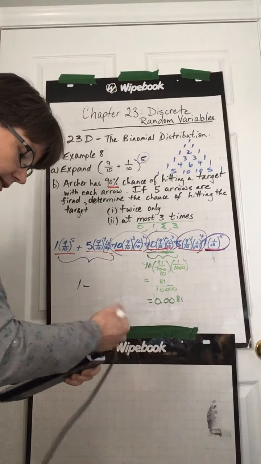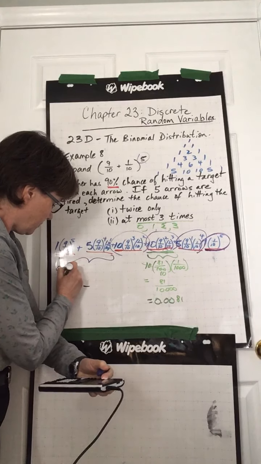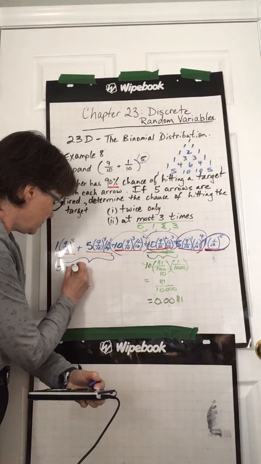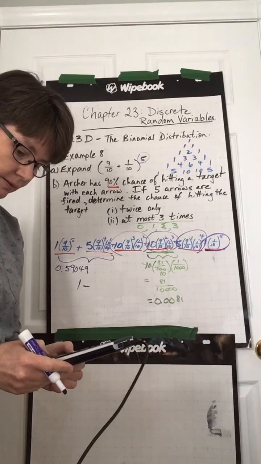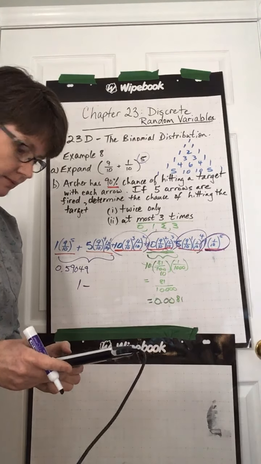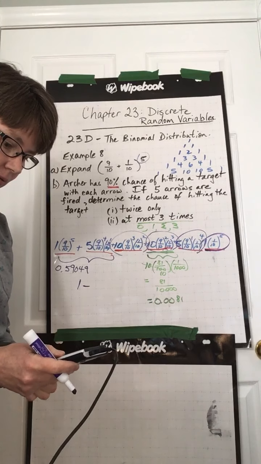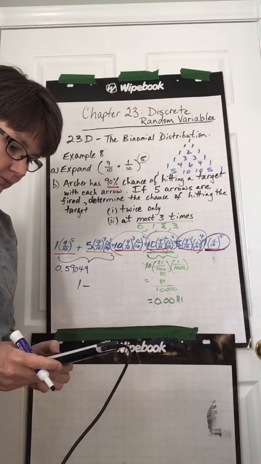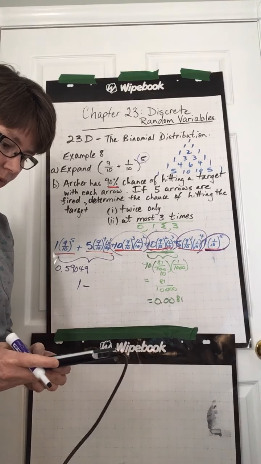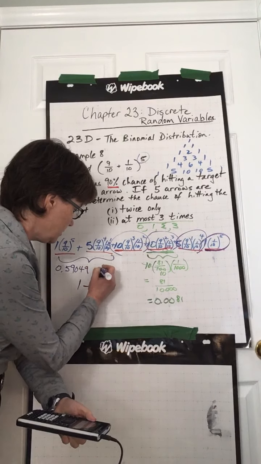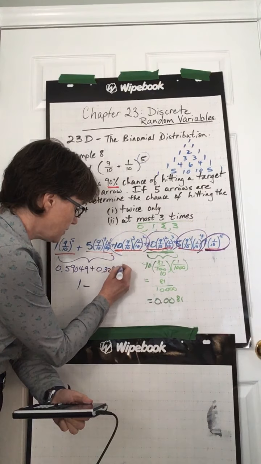Alright, this first one is 0.59049. And this is times 0.9 power 4 times 0.1. This is 0.32805.